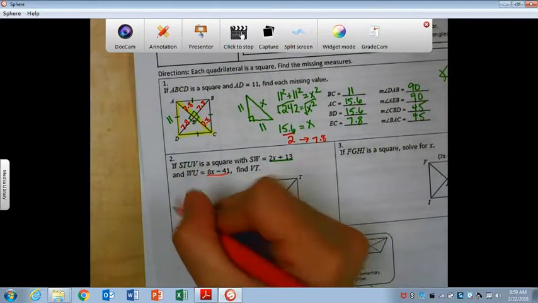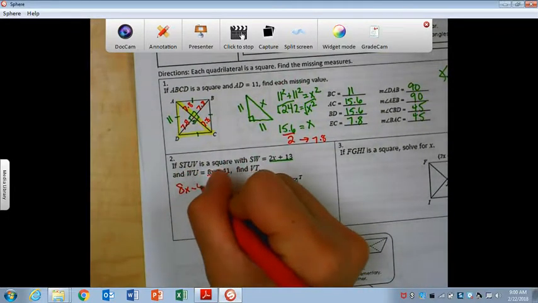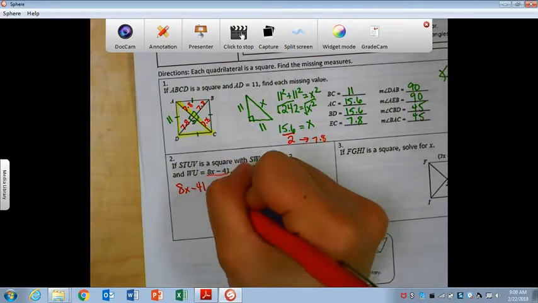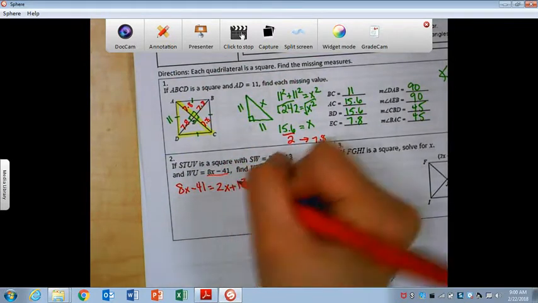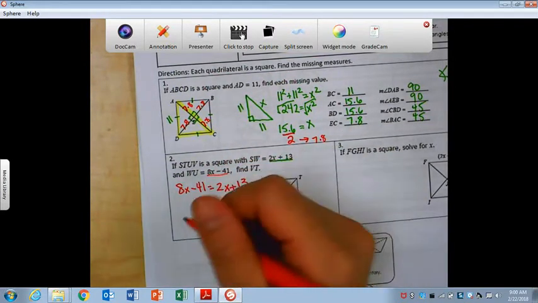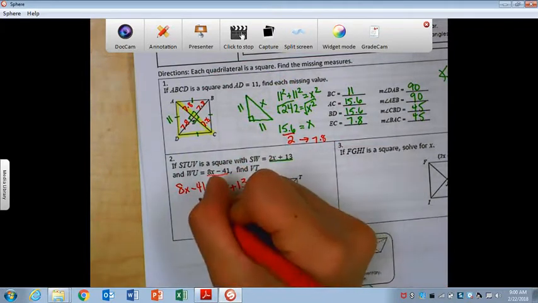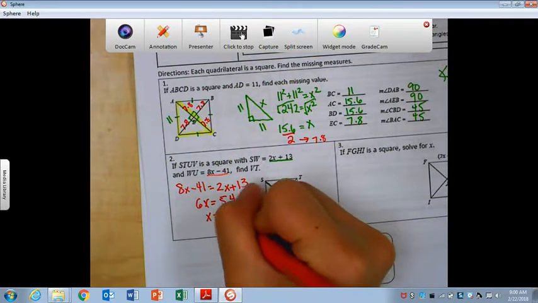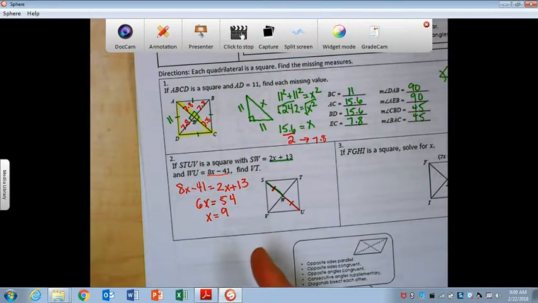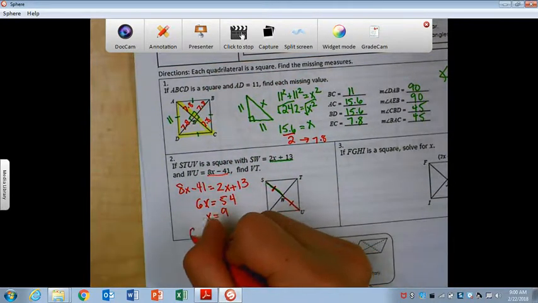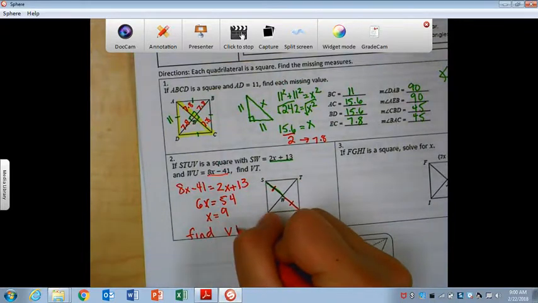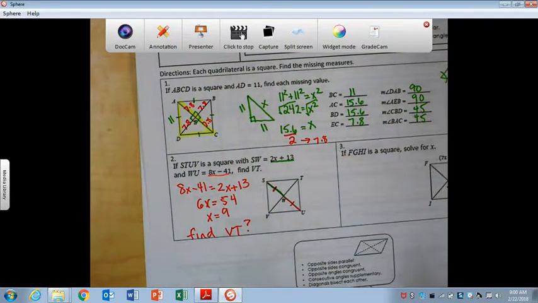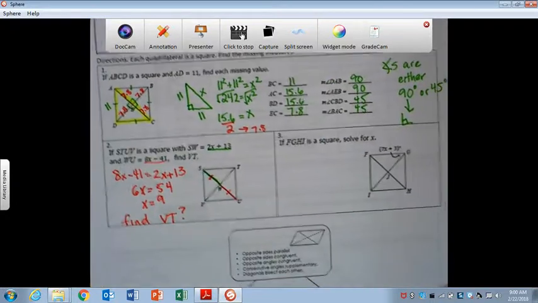Simple. 8x minus 41 equals 2x plus 13. So when you solve, you get 6x equals 54, and x equals 9. But that's not your answer. You still have to find VT. So tell me, what is VT?